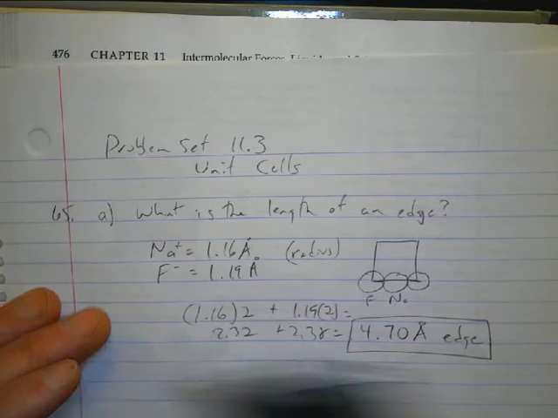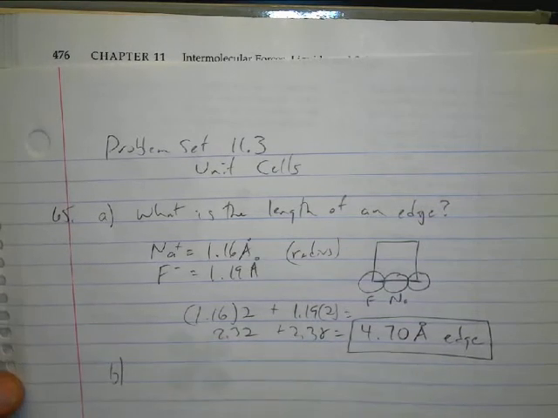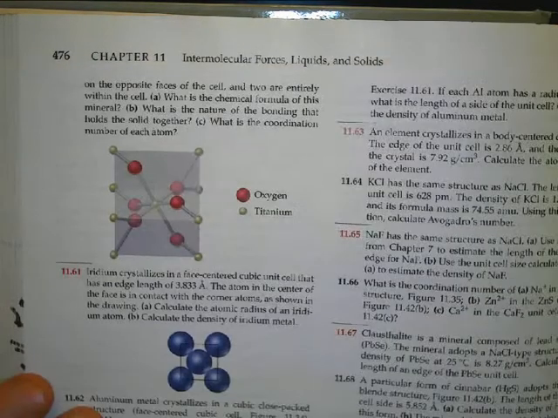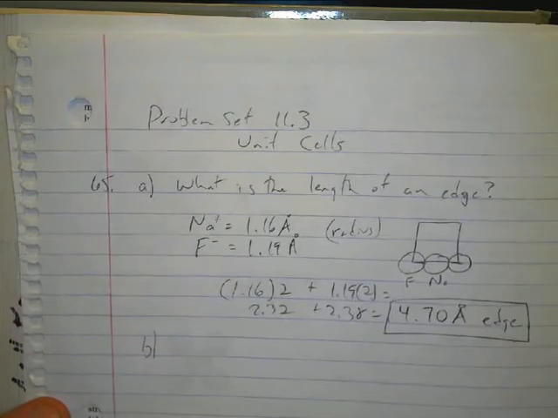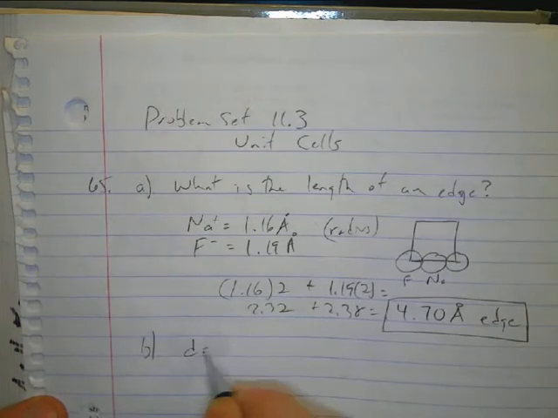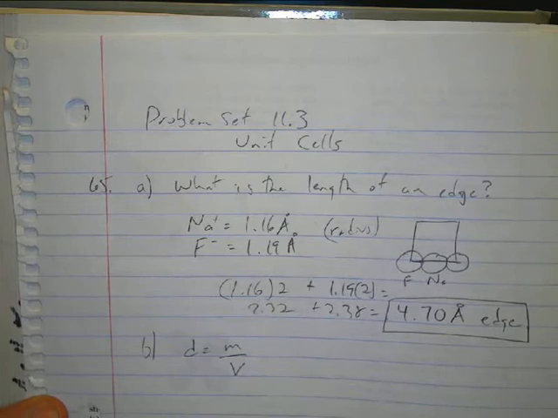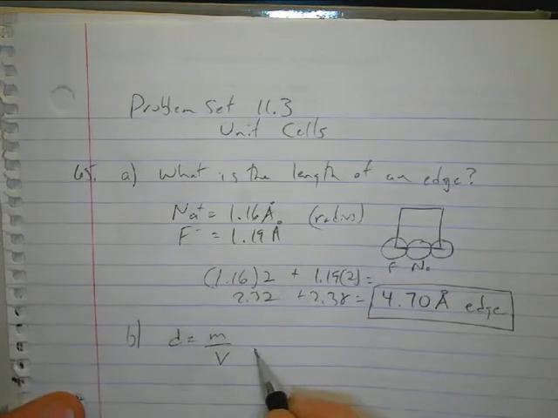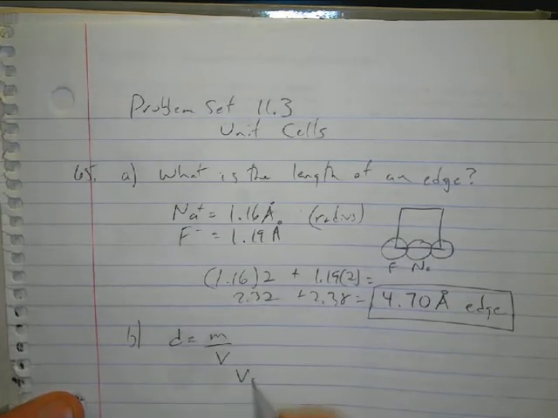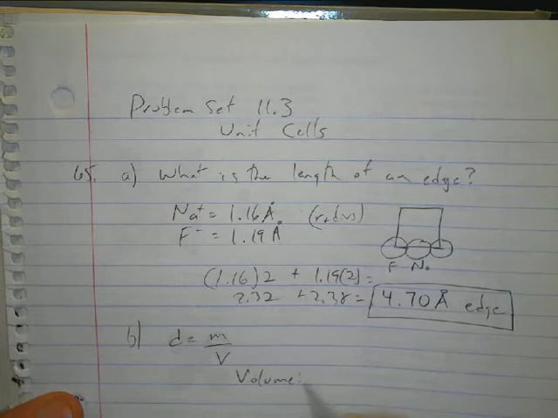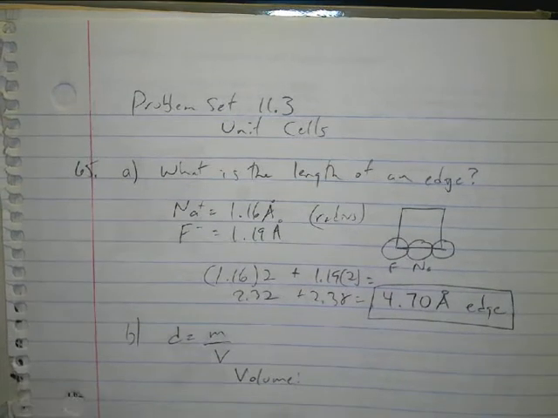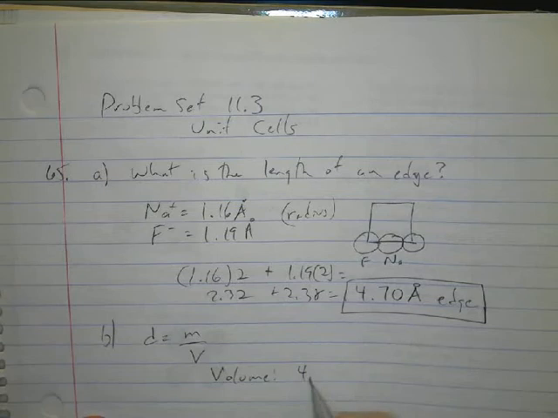The next question is part B, and in part B, they're asking us to solve the density. The density of anything is its mass divided by its volume. Well, the volume is going to be pretty straightforward because we've just figured out that the unit edge is 4.70 angstroms, so the volume is 4.70 cubed, right?